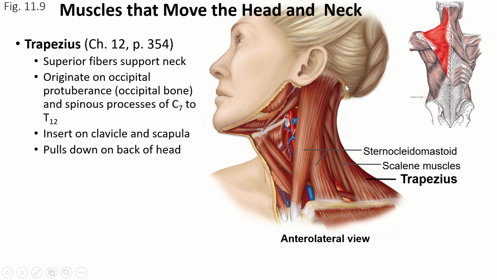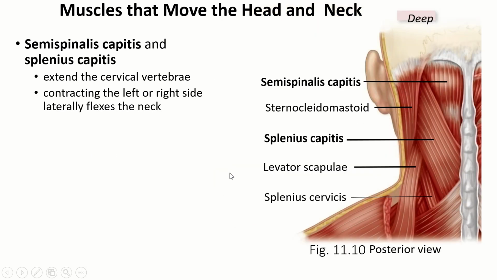And so when you contract these anterior fibers of the trapezius, it can actually extend the neck. It can actually flex the neck as well, depending on which of these fibers you contract. But it is a very important one for stabilizing the neck and turning the neck as well.